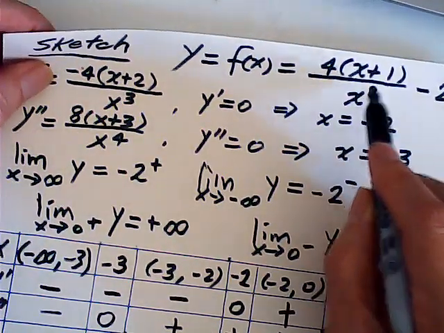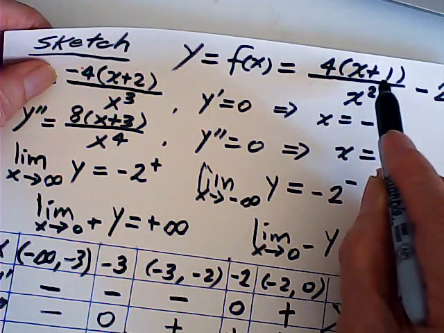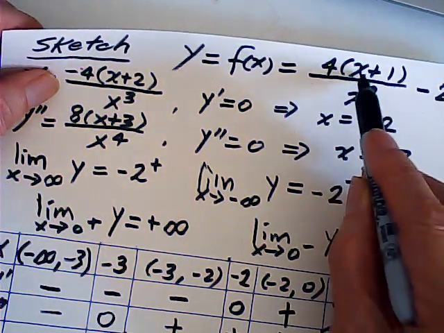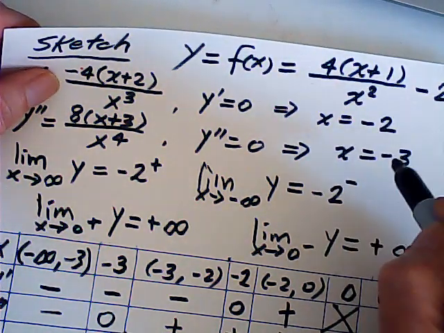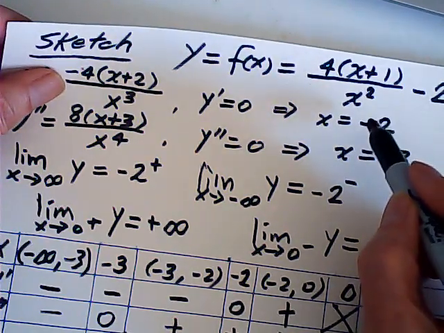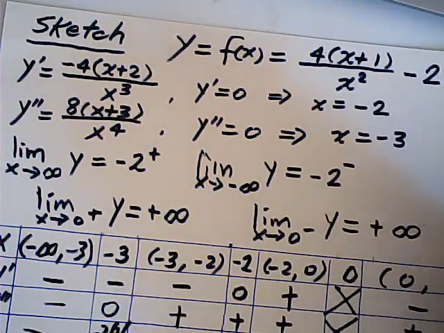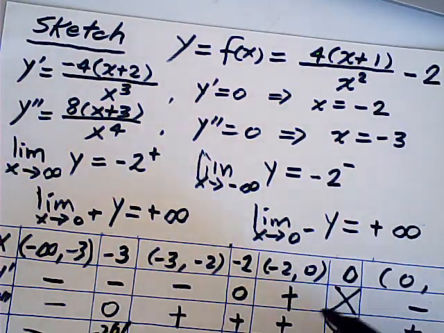You put a 2 here, this is -1, right? It's a 4, 4 minus 1 is -3.